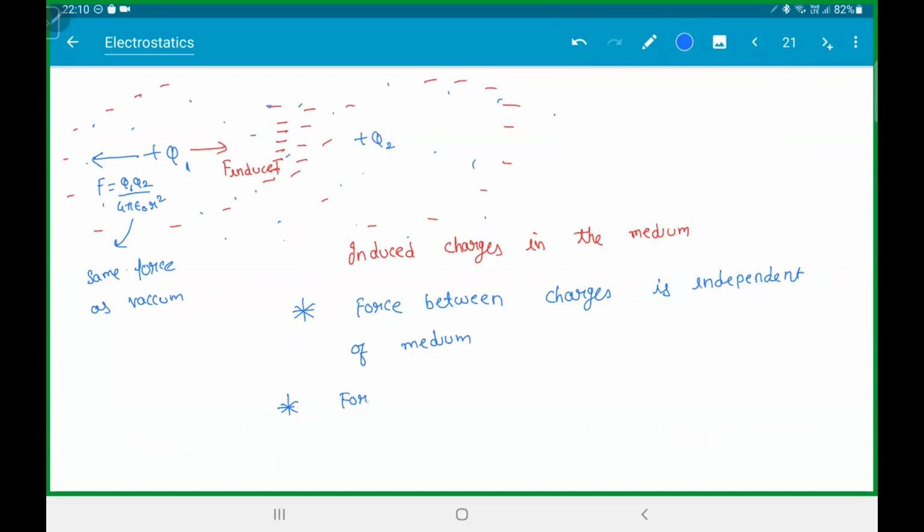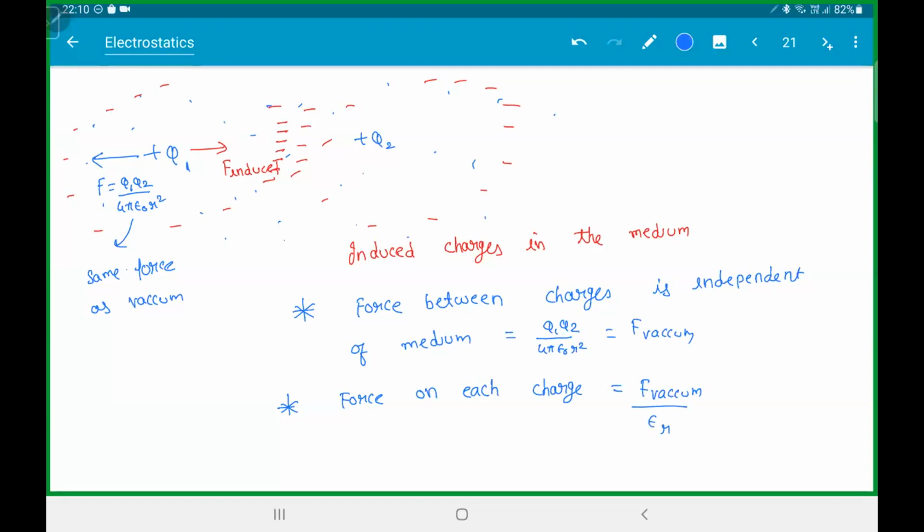Force on each charge will depend on the medium. So the force between charges is simply Q1 Q2 by 4 pi epsilon R square, which is the same as F vacuum. Whereas Coulomb's law in a medium gives you the force on each charge. This is F vacuum by epsilon R. I hope you're getting the difference.